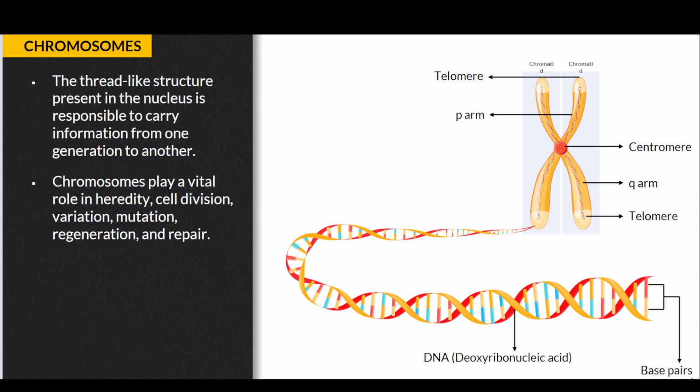All the information, meaning traits and everything, is passed through these chromosomes, because they contain DNA. If we zoom in, this is how it looks, and this is called DNA. Its full form is deoxyribonucleic acid.